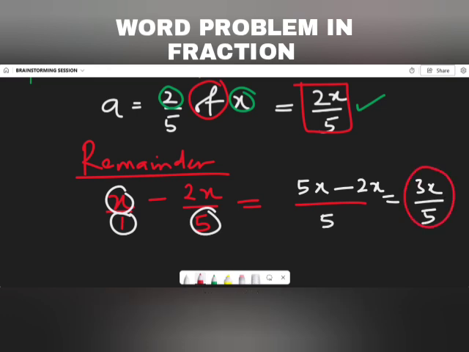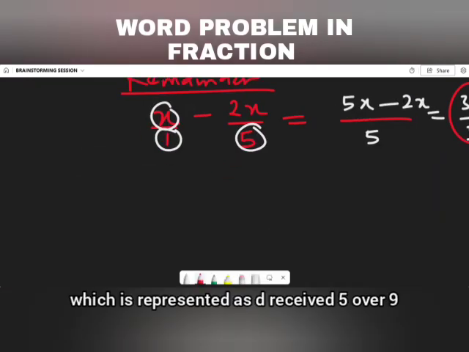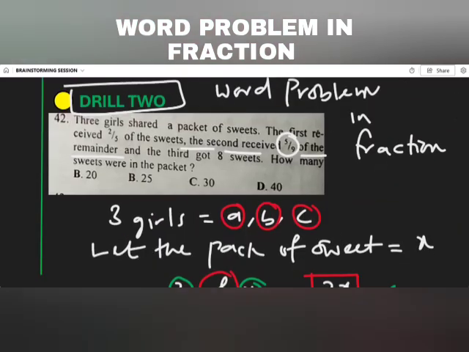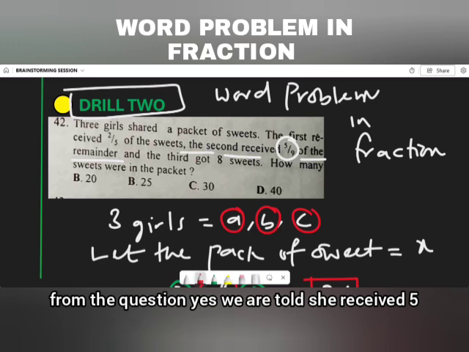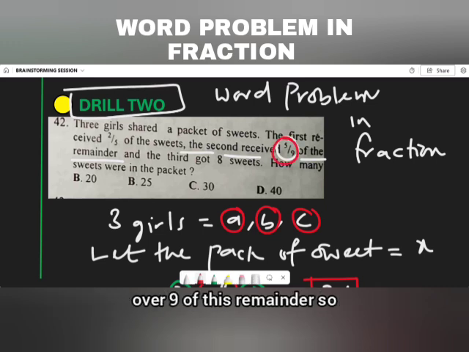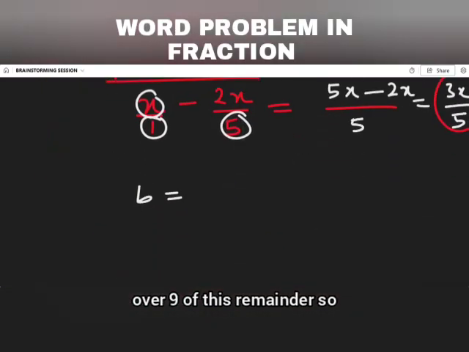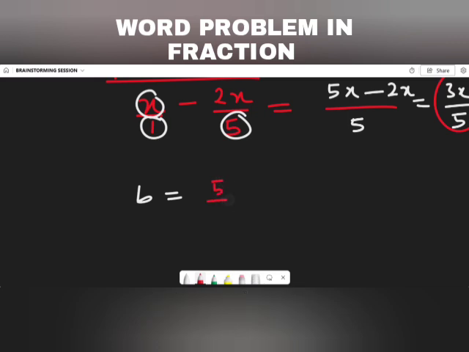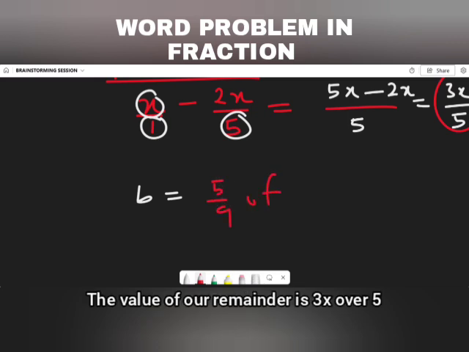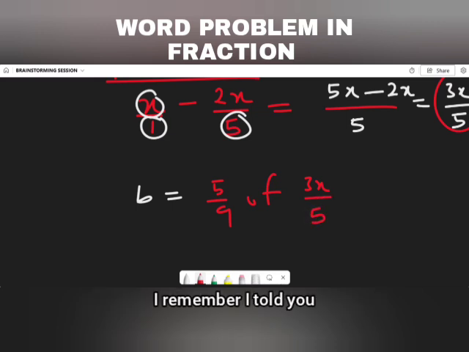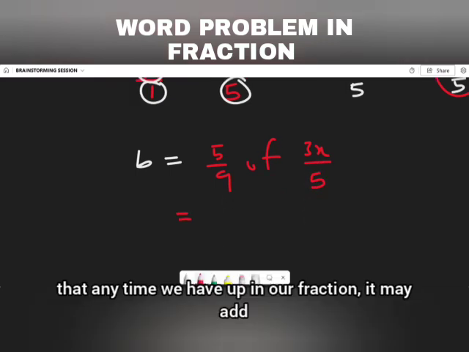And we are now told that the second girl, which is represented as B, received 5/9 of this remainder. So that means 5/9 of the value of our remainder, which is 3x over 5. And remember, I told you that anytime we have of in our fraction, it means times.